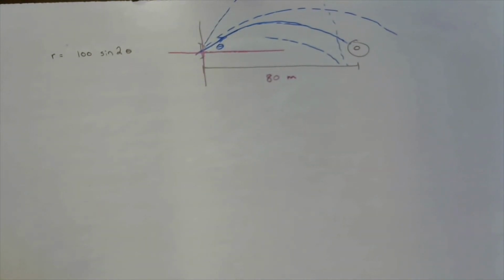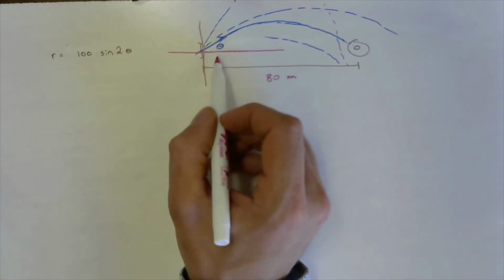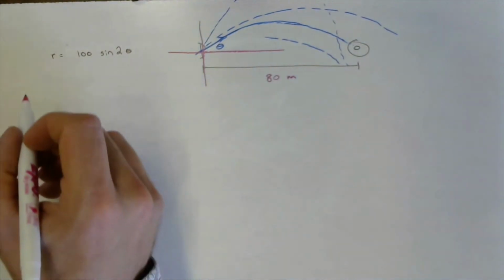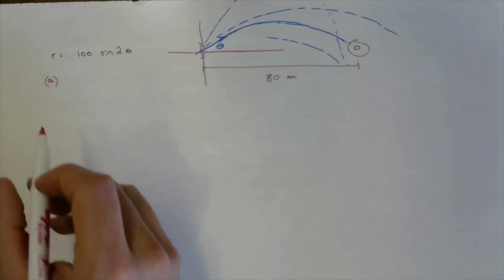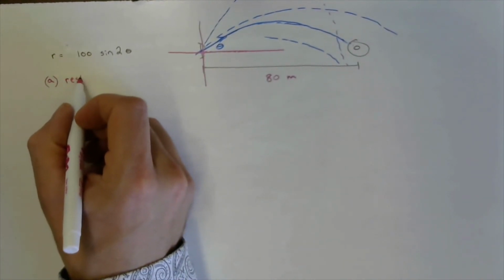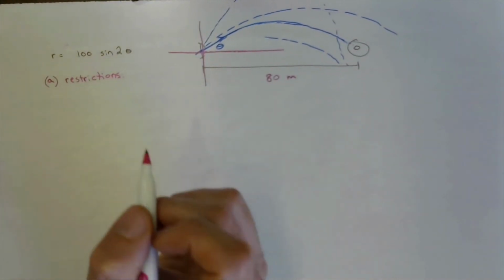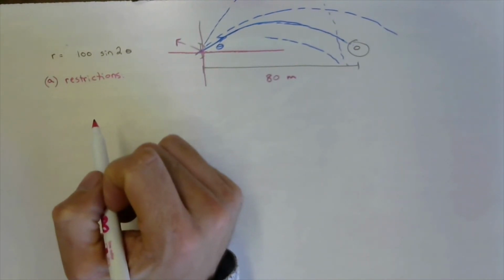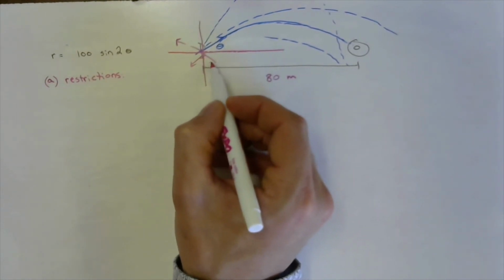Okay, so here we go. What are the restrictions on this angle? What are some things that theta can't be in this real world situation? What angles is it restricted to? Is it going to get shot this way? No. Is it going to get shot this way? No. Is it going to get shot this way?